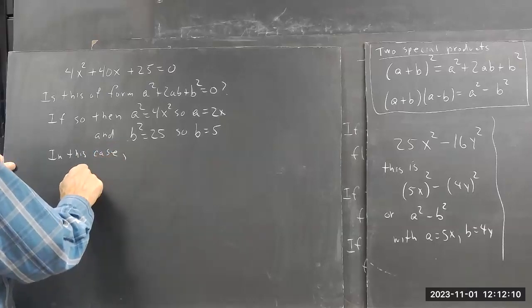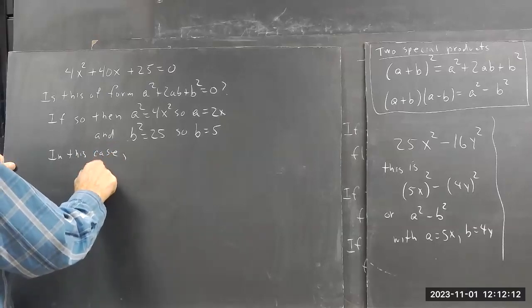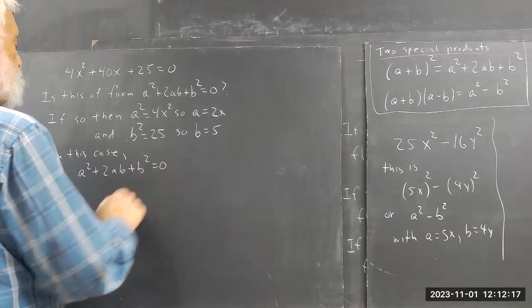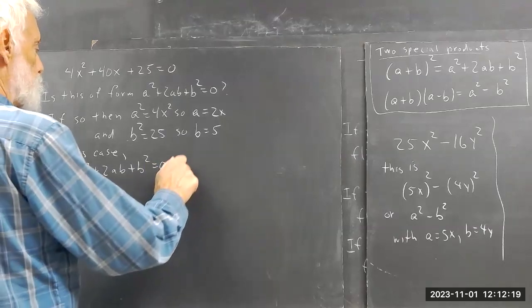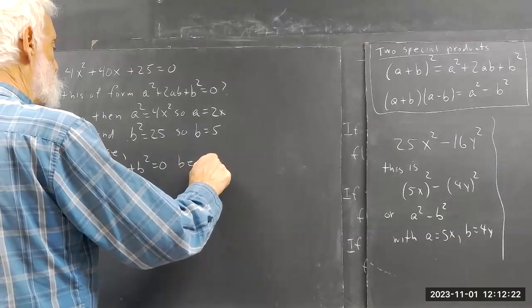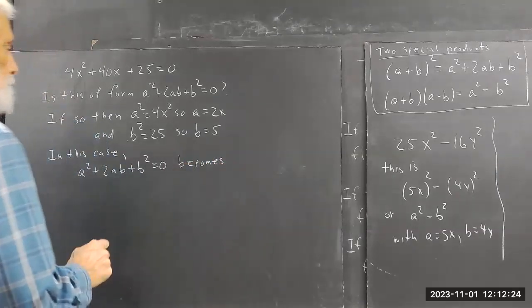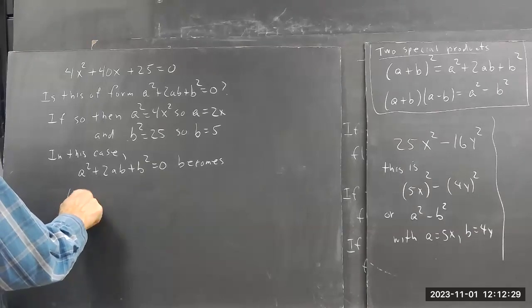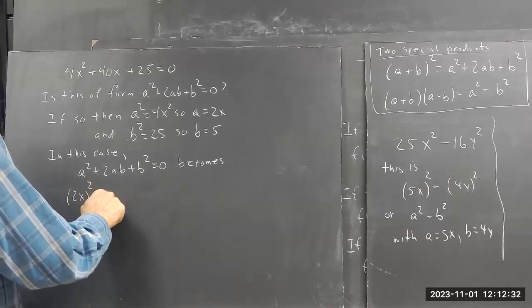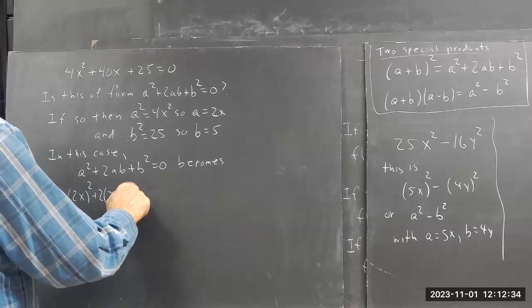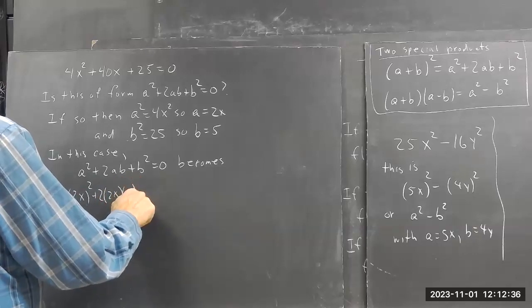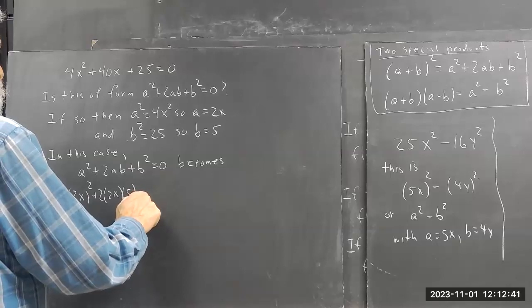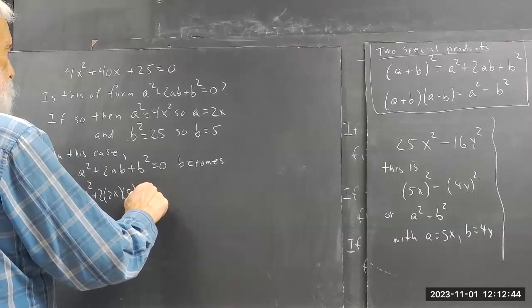In this case, a squared plus 2ab plus b squared equals 0 becomes 2x squared plus 2 times 2x times 5. I did something wrong when I set this up.